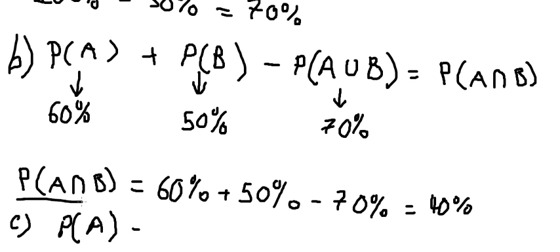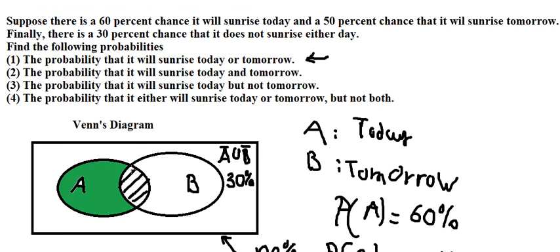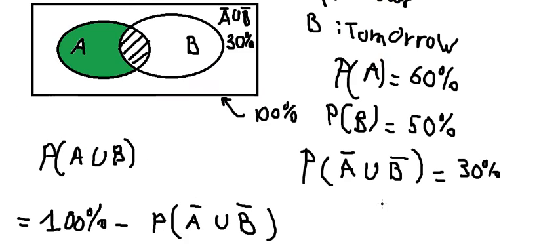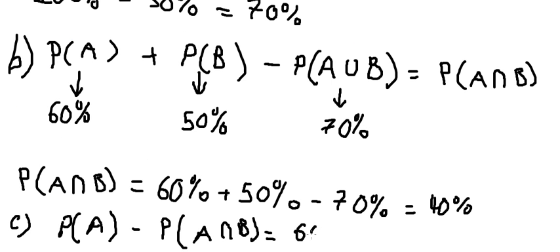We minus this one because they don't provide this area in here. So P(A) we have 60%, and this one we have 40%. So we have 20%.